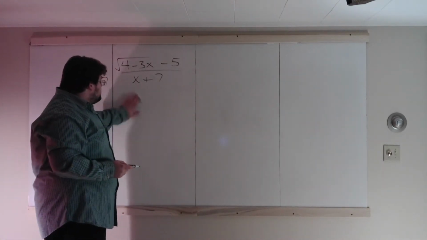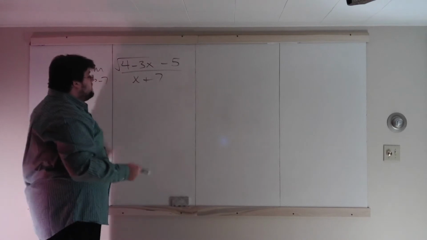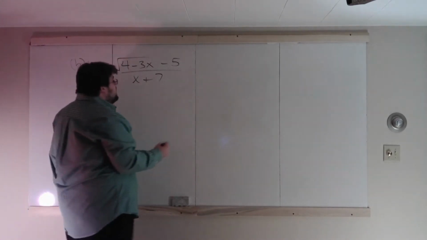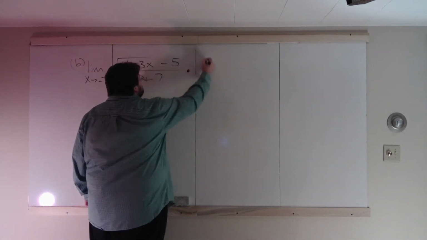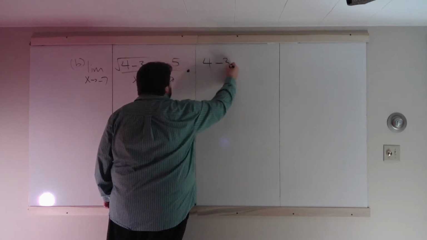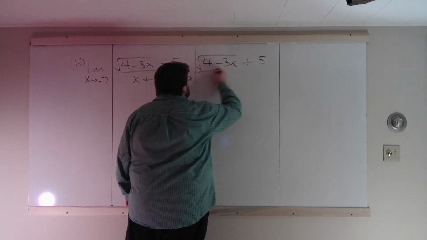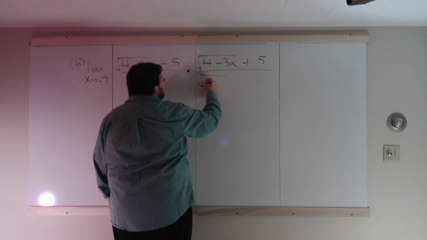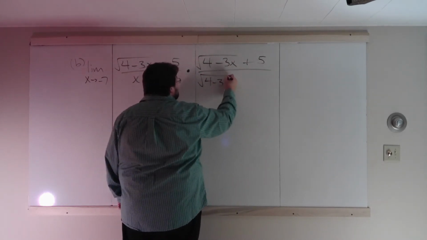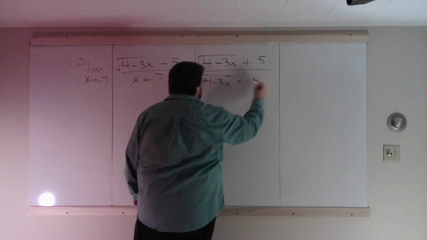So again, we get a 0 over 0. Now, with this 0 over 0, we're going to multiply by 1 so that we can get rid of the square root. And which one are we going to multiply by? Well, we're going to use the difference of squares formula to our advantage.